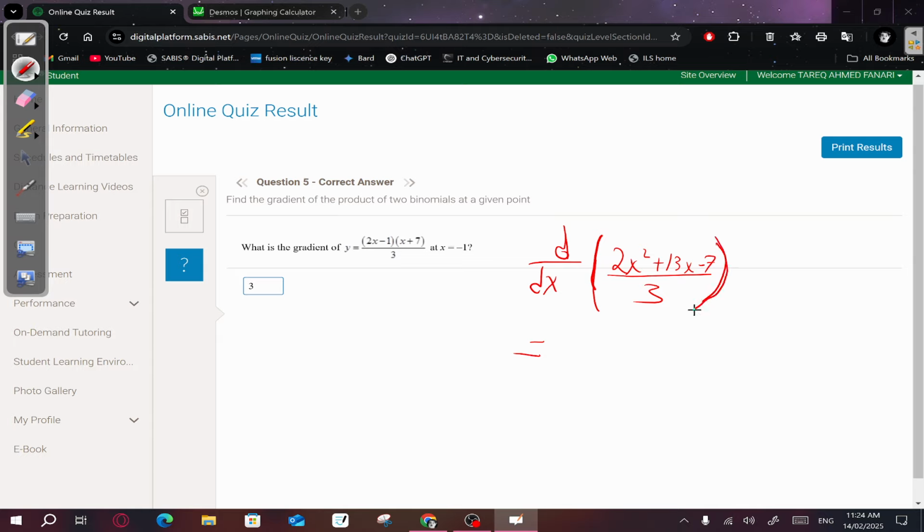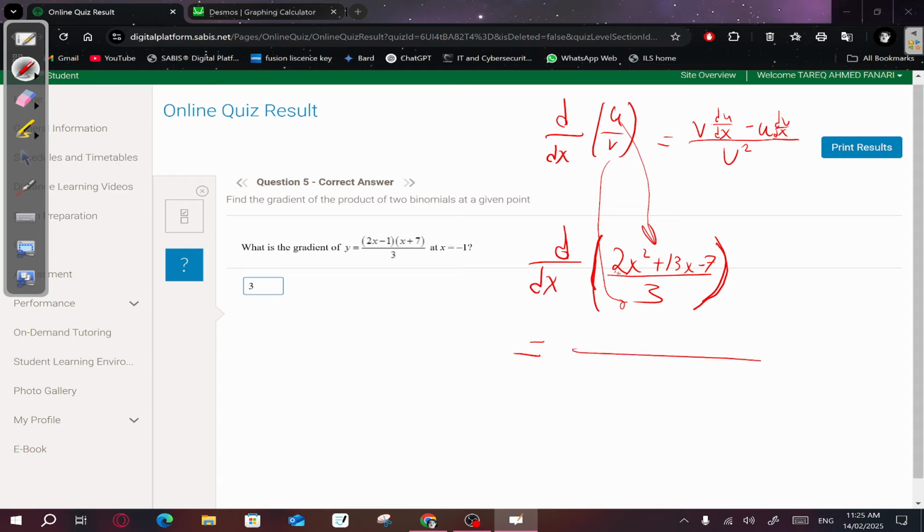Now remember the rule, I'm going to keep it up here so you don't forget it: d by dx of u over v equals (v du by dx minus u dv by dx) over v squared. Here u is the long quadratic, and v is 3.